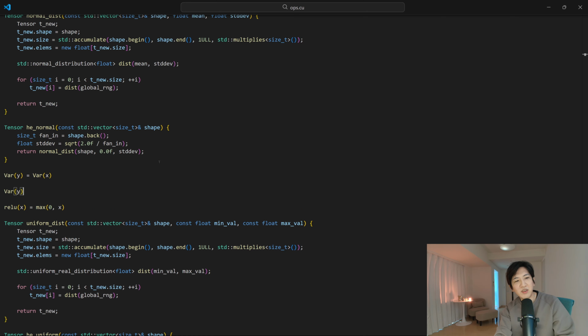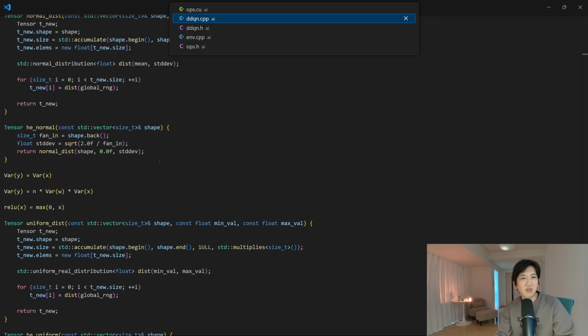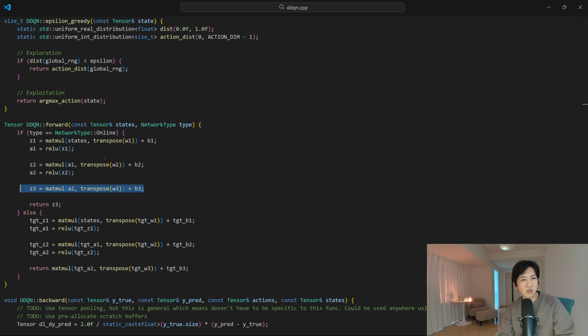This is how computations are done in the feed forward of a neural network.